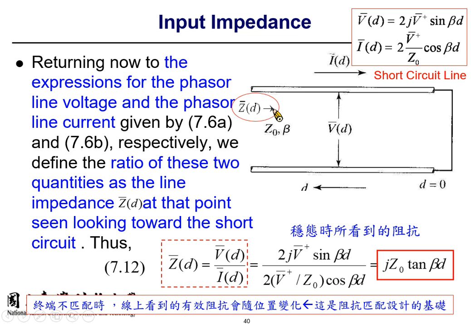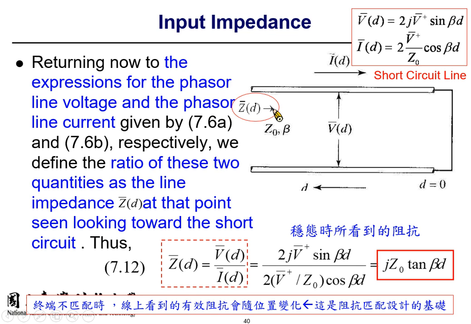Then the impedance, which is a real number, is the same as a resistance. If the impedance is an imaginary number, then the voltage and the current signal looking into the transmission line are not in phase. They have a certain phase difference.